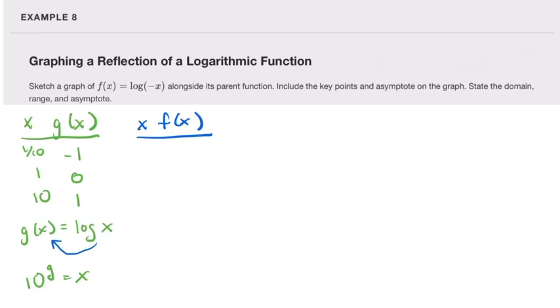So then, in order to go from g to f, we're replacing x with negative x.